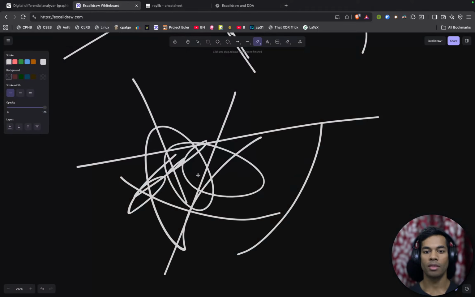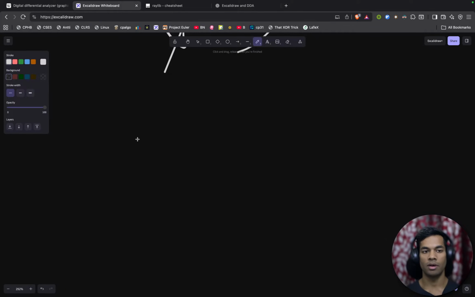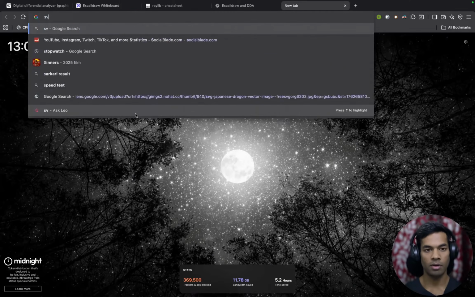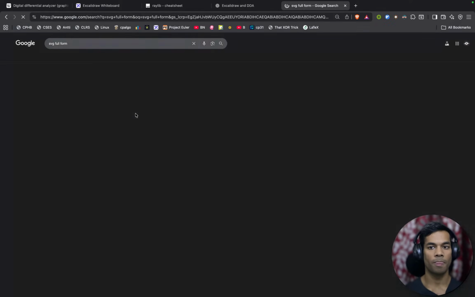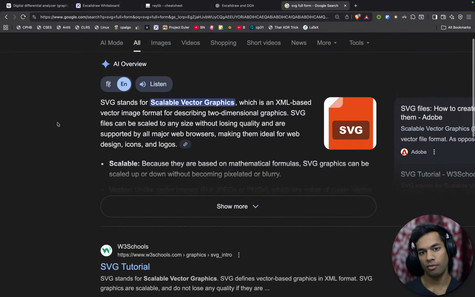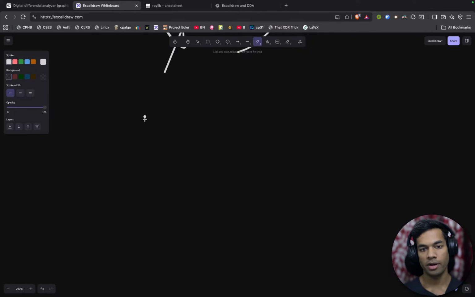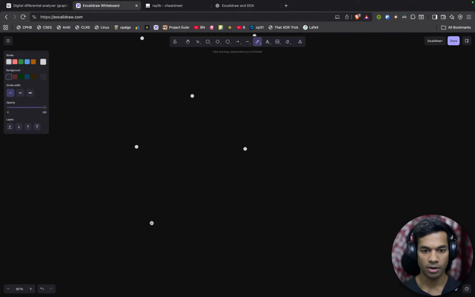Okay, that makes sense. So if we have a description of an image in terms of vectors, like for example, let's say we have a pentagon, and the way that we are storing this pentagon data is not in pixels.